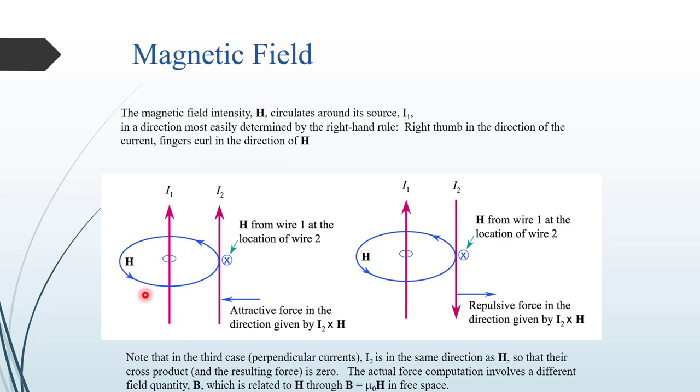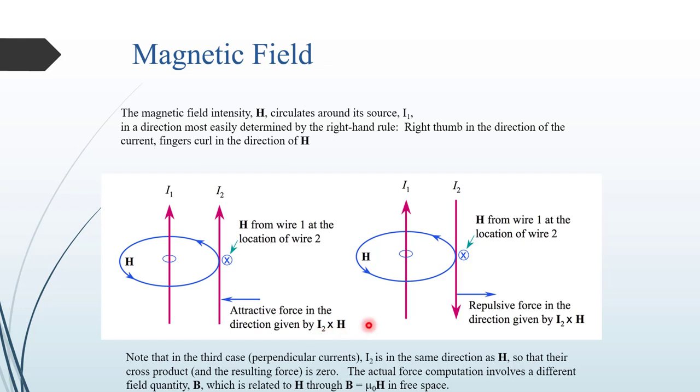This path has not enclosed wire 2, so there is no intensity at this point, though there is a force of attraction, because both currents are flowing in the same direction. The force is given by the direction of I2 cross H, a cross product between I2 and H.